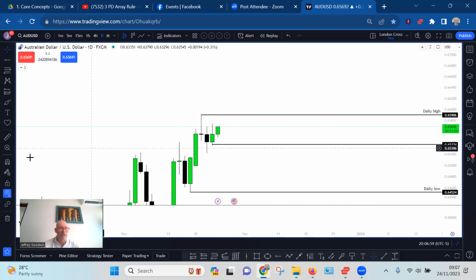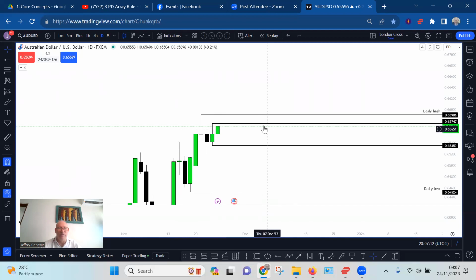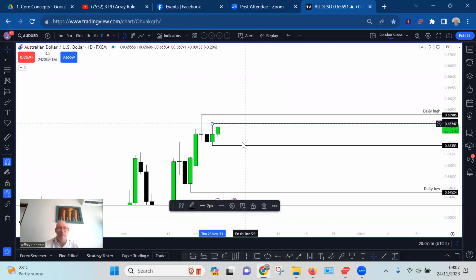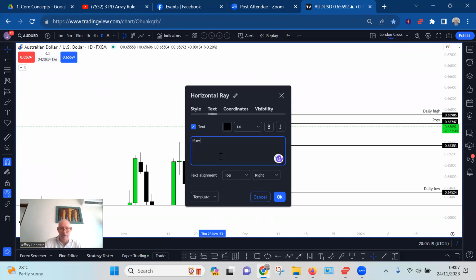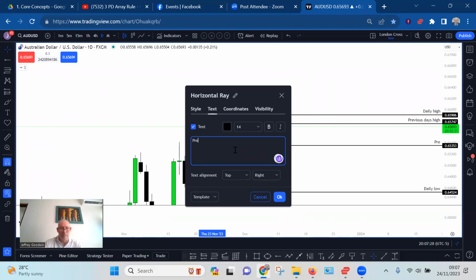And I can actually use the magnet, ladies and gentlemen, and that should snap on to yesterday, and I'll also do that up to the high. Previous day's high. Do more of this. Previous day's low.